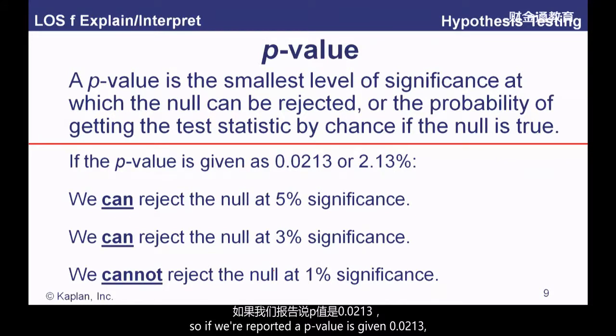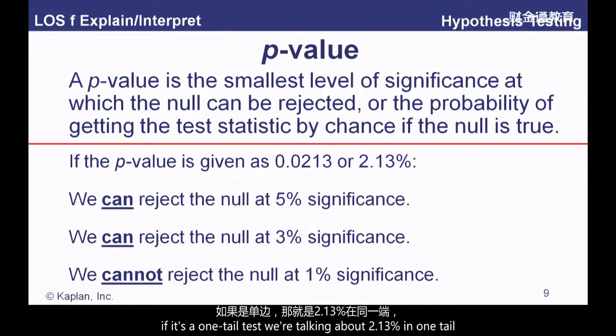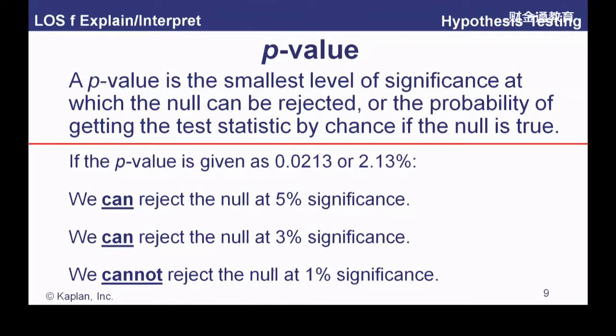So if we reported a p-value of 0.0213, that says the probability of getting a result that far away from the mean by chance is only 2.13%. Now this could be a one-tail or two-tail test. If it's a one-tail test, we're talking about 2.13% in one tail. If it's a two-tail test, then that's about 1.07% in each tail. So the p-value takes account of the type of test that you're doing.